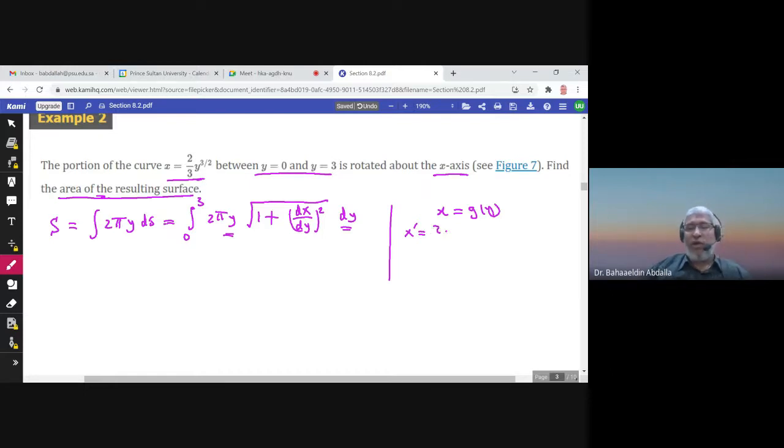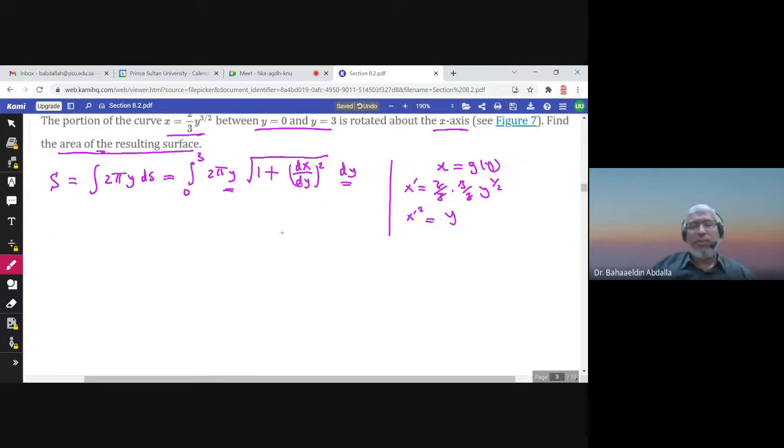So it's 2 over 3 times 3 over 2 y to the power half, and the product is just 1 here. So x prime squared would be y to the power half, squared, which is y. So this would be the integral from 0 to 3 of 2 pi y times the square root of 1 plus x prime squared. So it's 1 plus y.